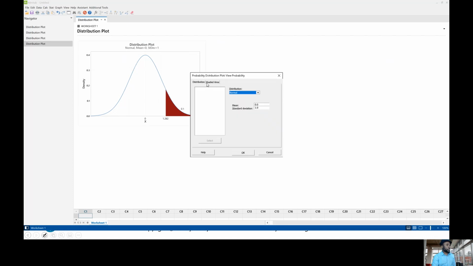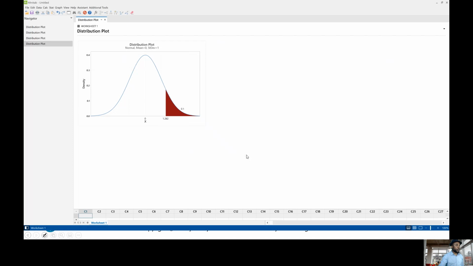Let's bring out the last operation, shaded area. We are going to use both tails, and our alpha will be split into both tails. So one tail will be 0.05, the other 0.05. Our critical values are 1.645 and negative 1.645. If our test statistic is less than the negative critical value, which means it's in the rejection region to the left, we will reject the null hypothesis.